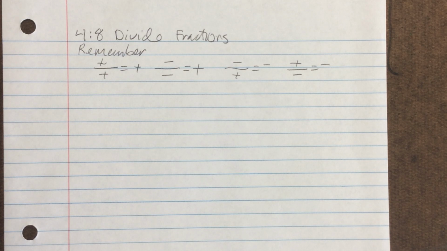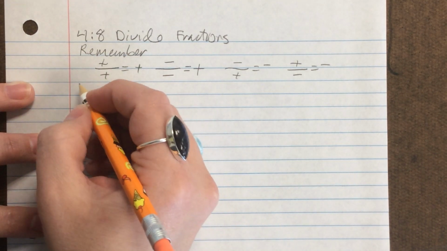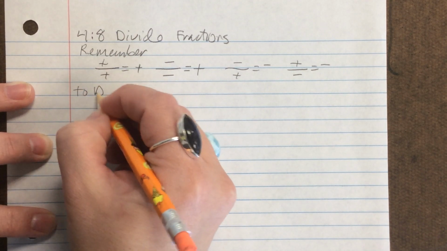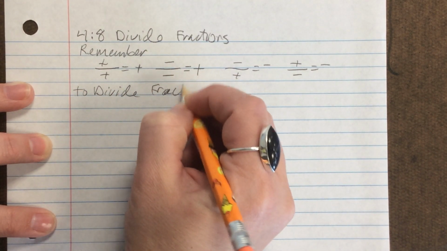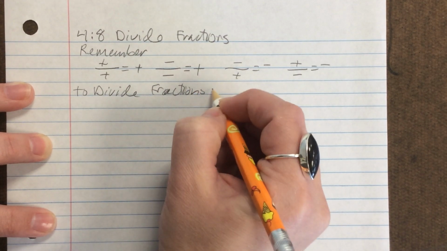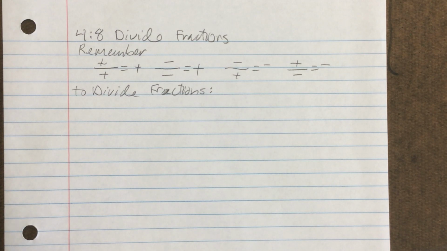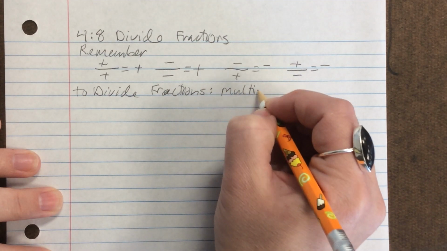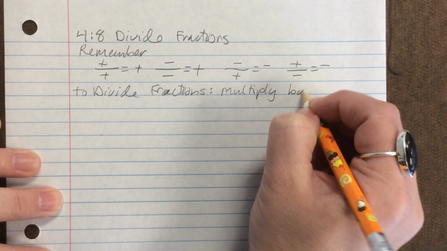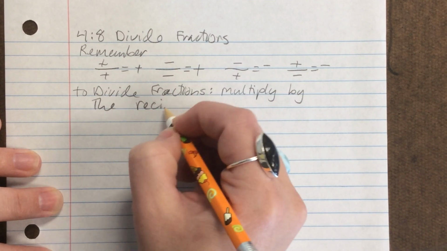Okay, now the key to dividing fractions. What I was always taught, it's a little bit different words than what I think you learned, but it means the same thing. I memorized: multiply by the reciprocal.